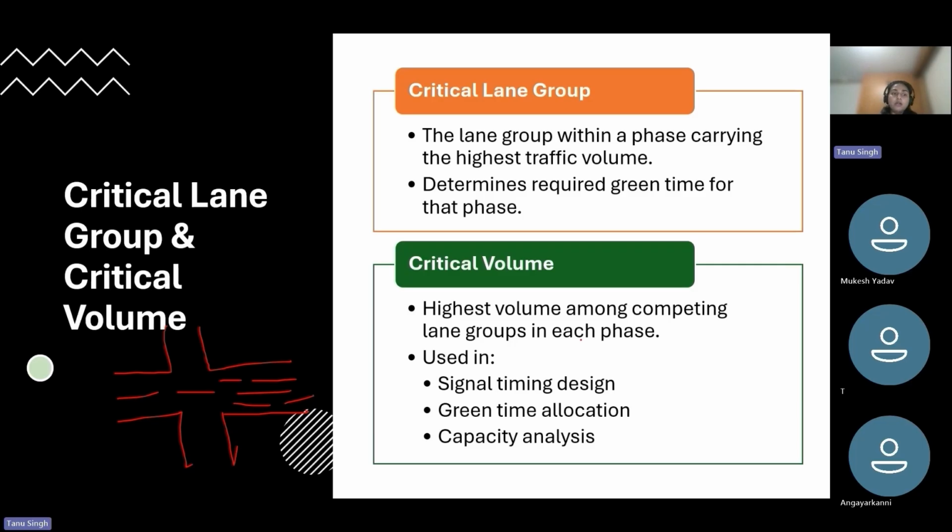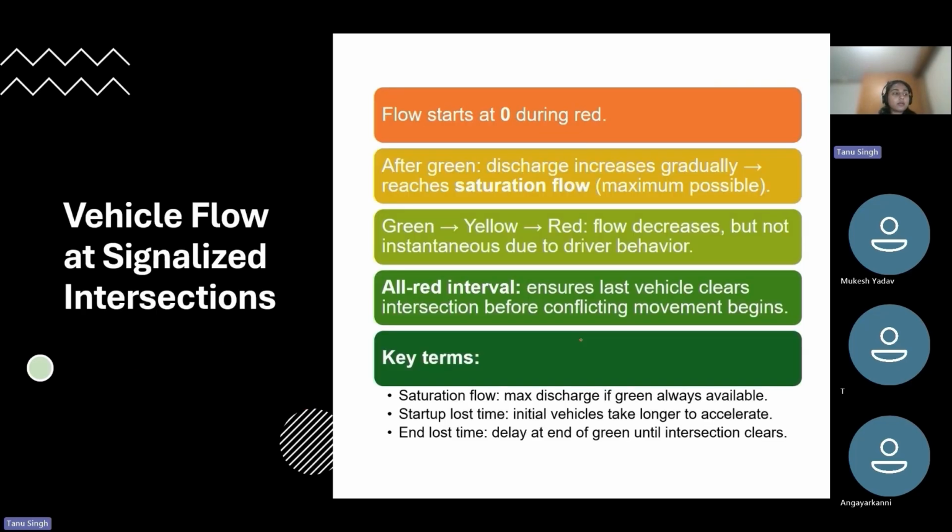Okay, now coming to the vehicle flow at a signalized intersection. Here flow starts at 0 during red. After green, discharge increases. Gradually it reaches the saturation flow, that is the maximum flow.